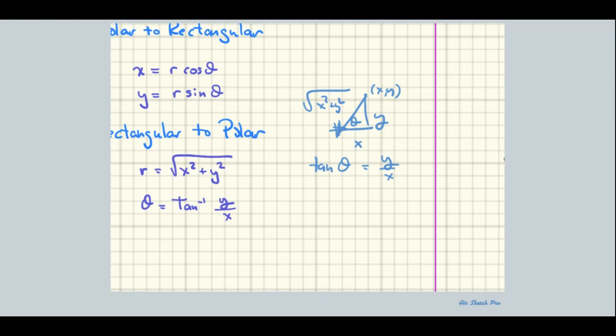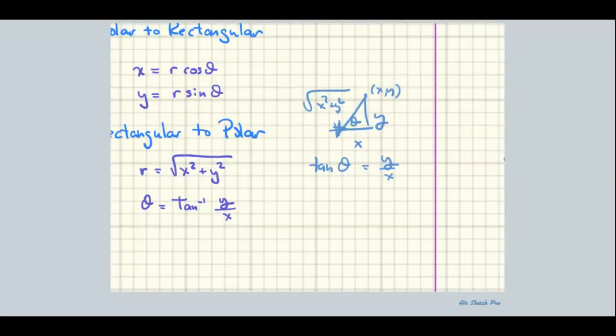Okay, look at this a little more carefully, and we see there are some issues that are going to show up. The first issue is, what if x is 0? If x is 0, you're still going to have an angle, but you're not going to be able to calculate it like this. If x is 0, the tangent is infinite.